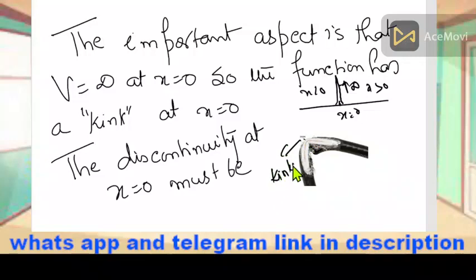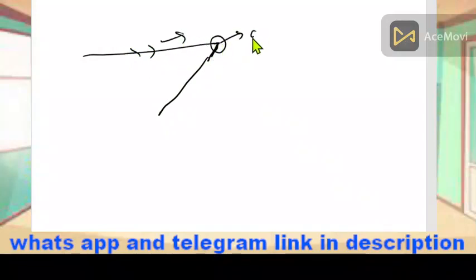In many electrical experiments you must have seen the precaution that the wire should not have a kink. Here we have a straight wire and all of a sudden it has a turn. Whatever is flowing in this direction faces a discontinuity at this point.